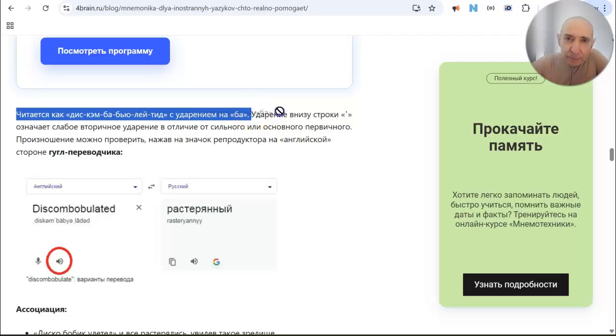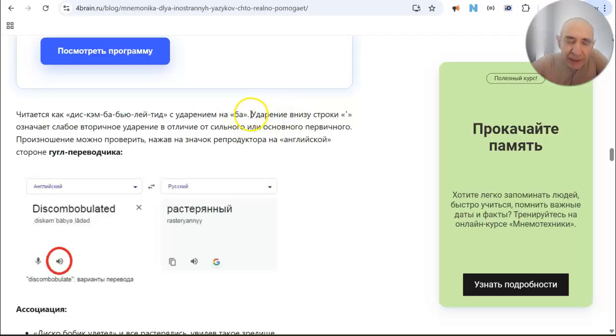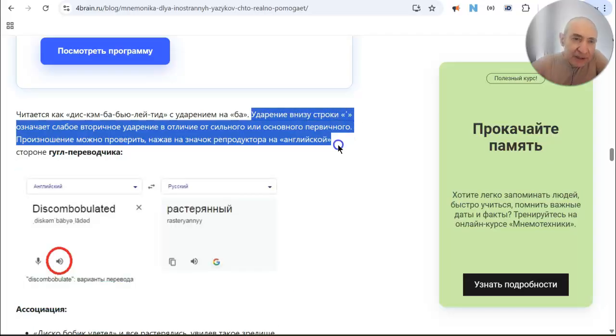And then they say ударение внизу строки означает слабое вторичное ударение, в отличие от сильного или основного первичного. Произношение можно проверить, нажав на значок репродуктора на английской стороне Google переводчика. Okay, by the way, here there is a mistake. They should have put this apostrophe not above, but below, because they are talking about the secondary emphasis.